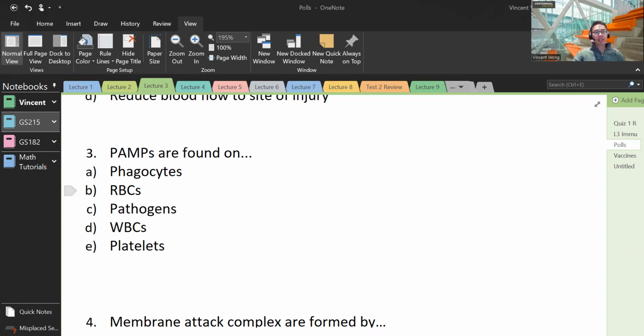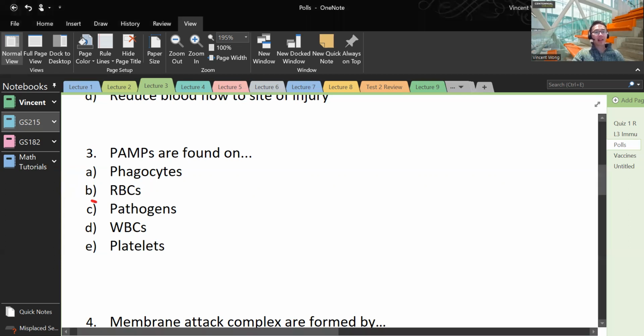Right, PAMs are found on pathogens. Okay, these are pathogen-associated molecular patterns, as the name implies. They are found on pathogens. The phagocytes are the ones that will recognize the PAMs and go attack them. Okay, so the correct answer is pathogens.